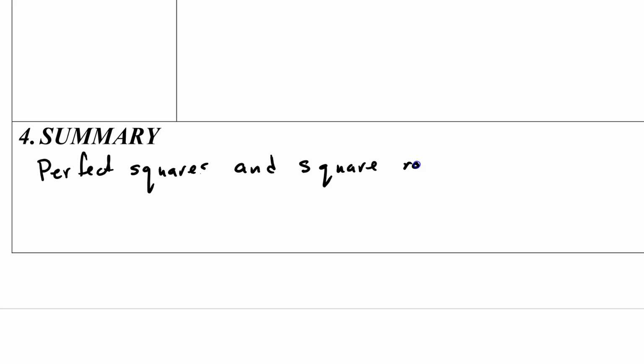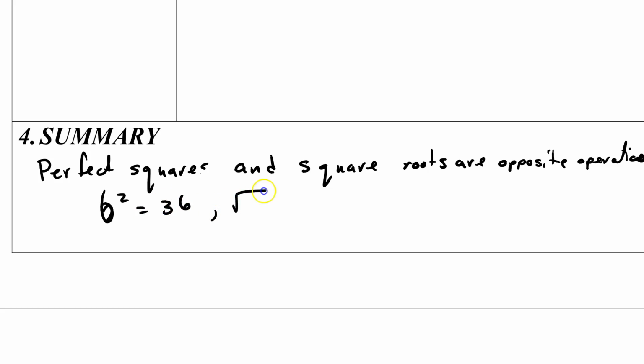So the summary: perfect squares and square roots are opposite operations. For example, 6 squared equals 36. The square root of 36 equals 6.